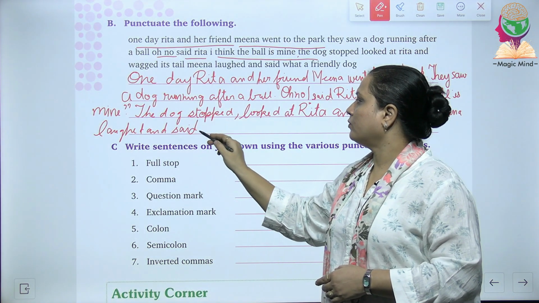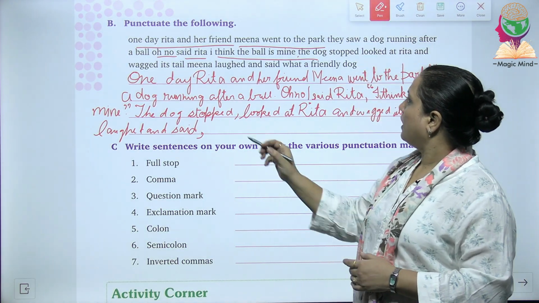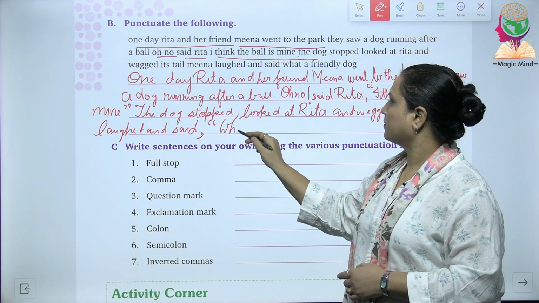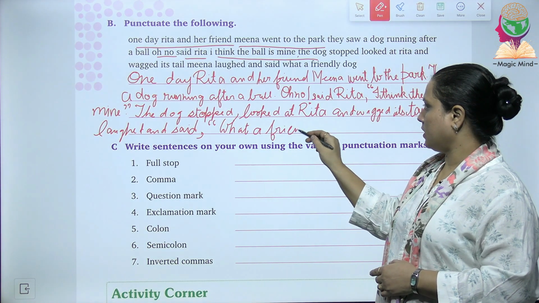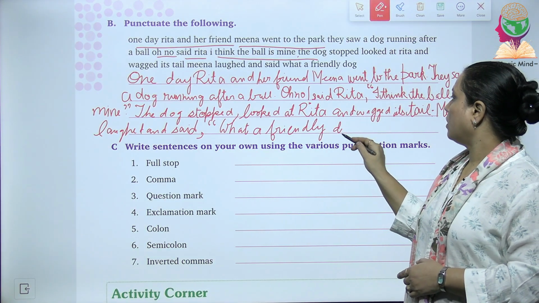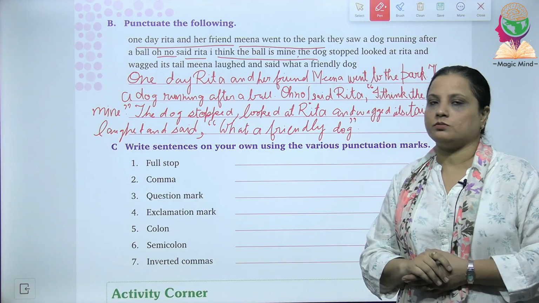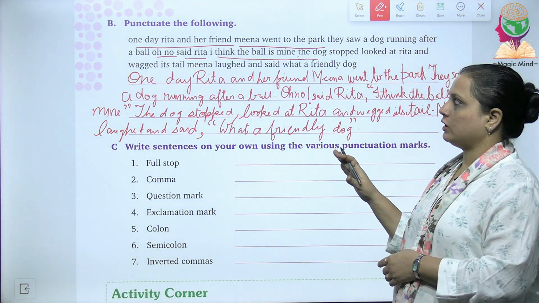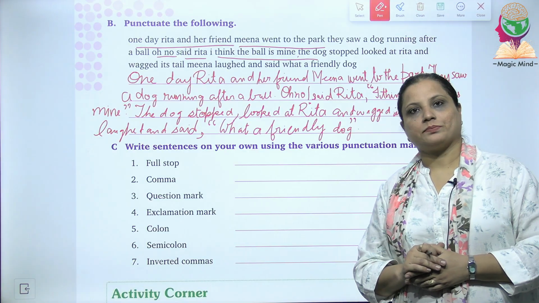After said, we will put a comma and write from here, what a friendly dog. Put a full stop, close the inverted commas or the quotation mark, and hence this paragraph actually got punctuated with all the punctuation marks.